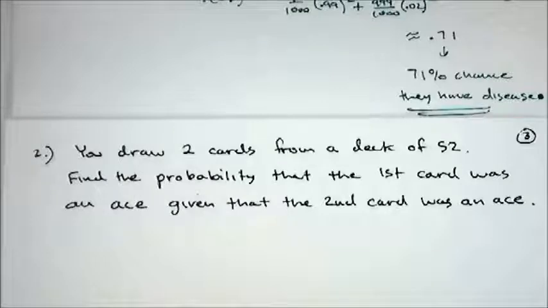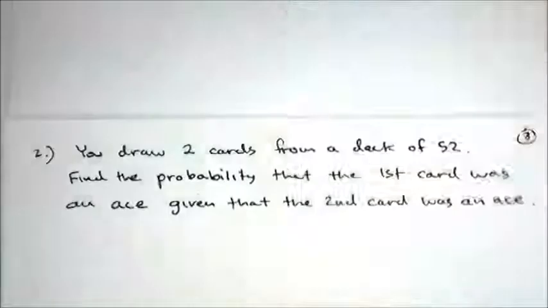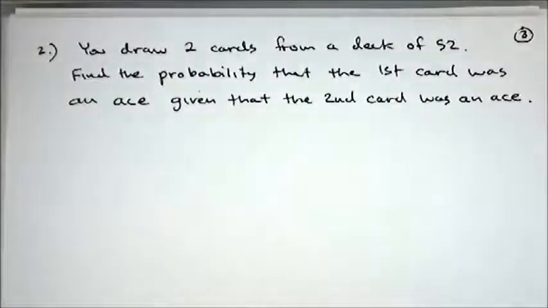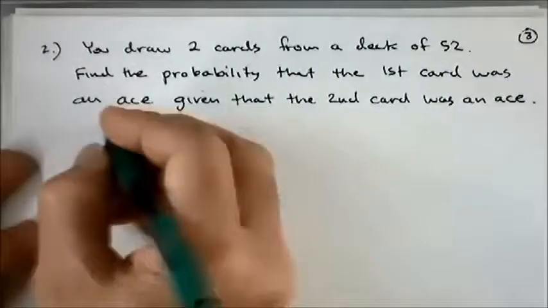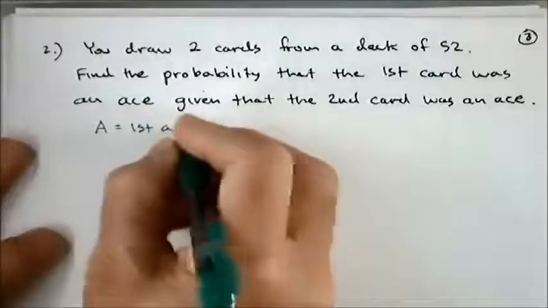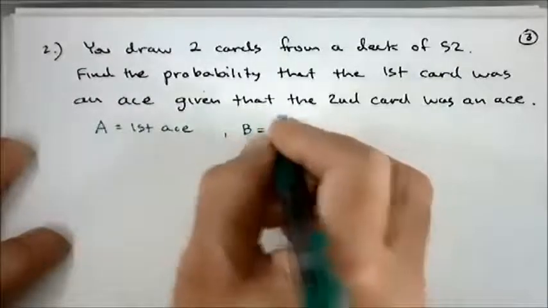Let's say we draw 2 cards from a deck of 52, and we want to find the probability that the first card was an ace, given that the second card was an ace. So why don't we let A equal the event that the first card was an ace, and B represent that the second was an ace.